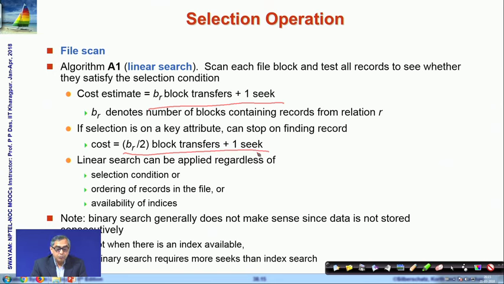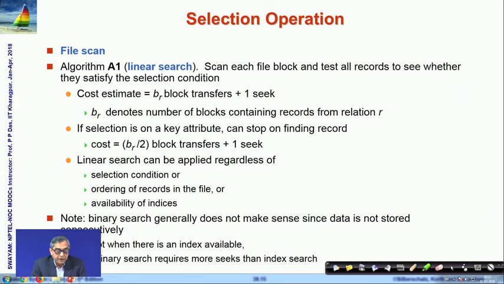So, BR by 2 block transfers plus 1 seek. In the notation that we used earlier, it is BR by 2 into the transfer cost plus 1 seek cost. This gives us the cost of finding a particular record from any file if we are doing a linear scan.